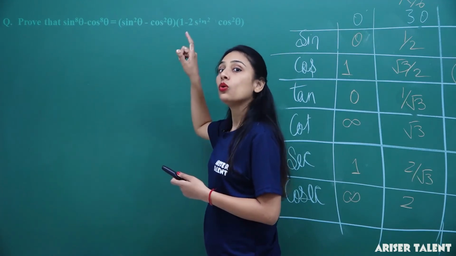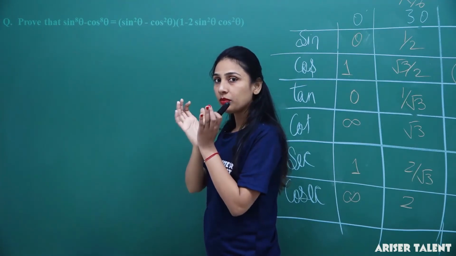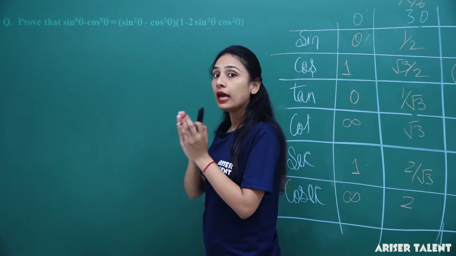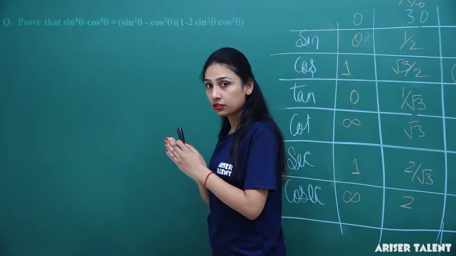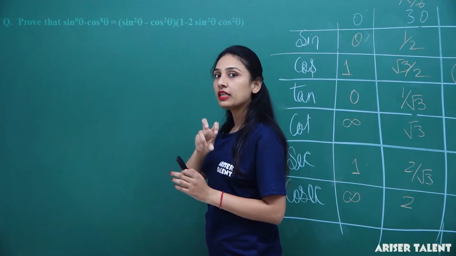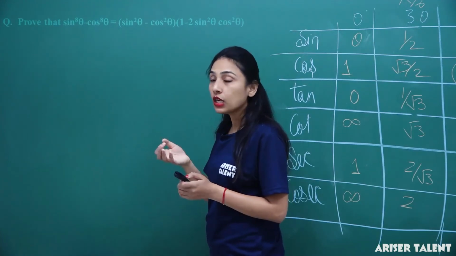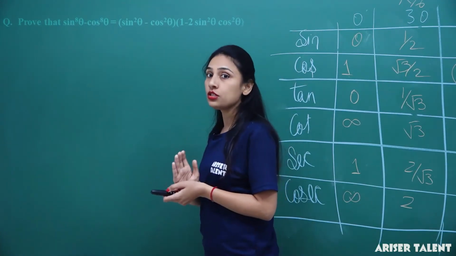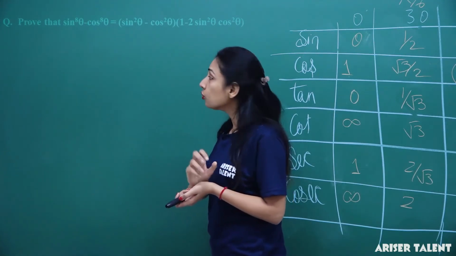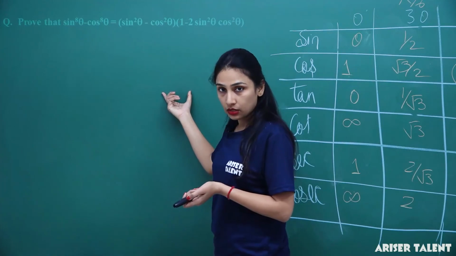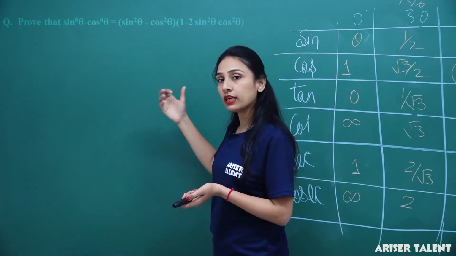So basically we made it a square minus b square, then bifurcated it as a plus b and a minus b, and then put sin square theta plus cos square theta equals 1. In these kinds of questions we use other identities: we took one side and proved the other side.